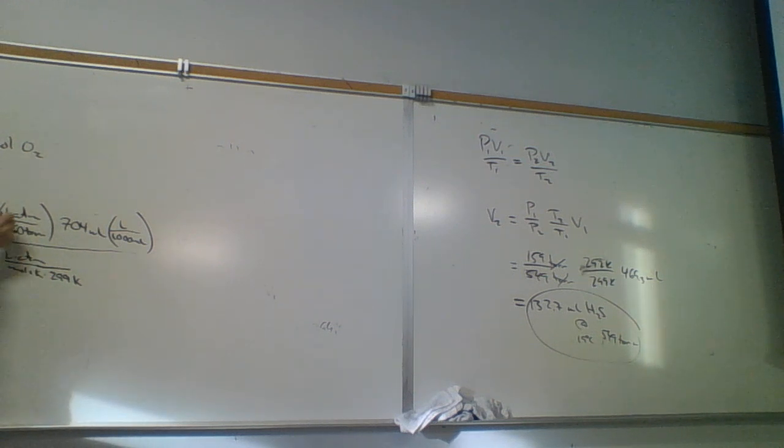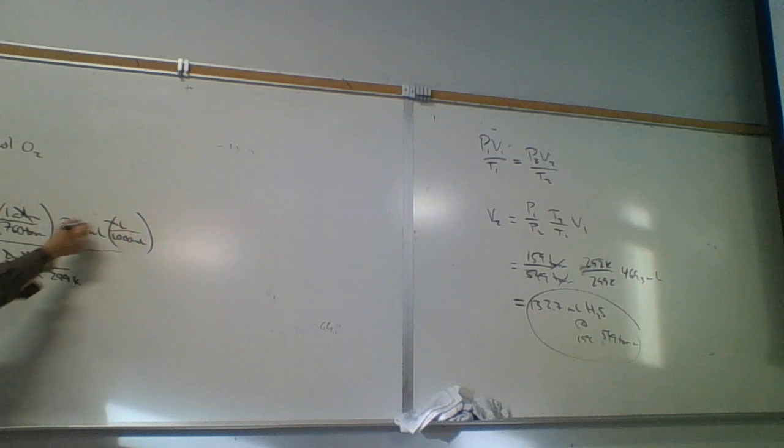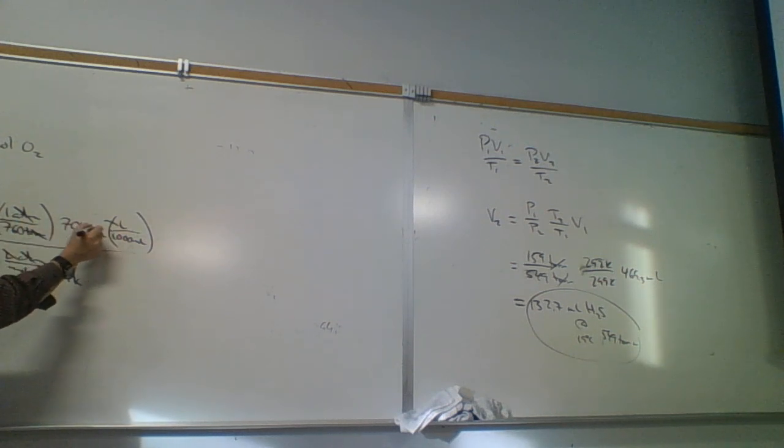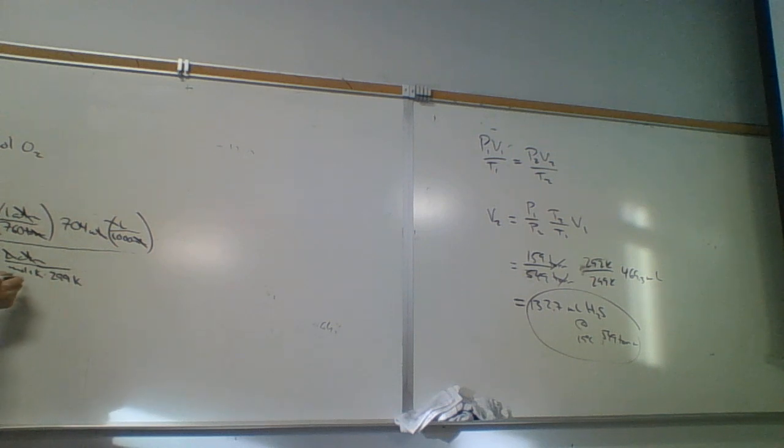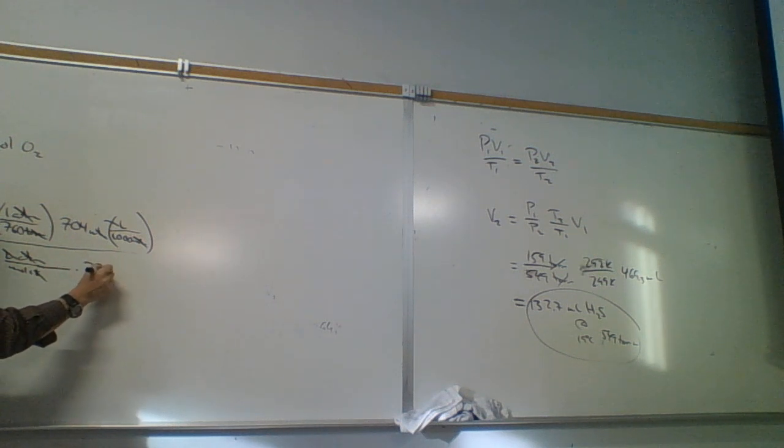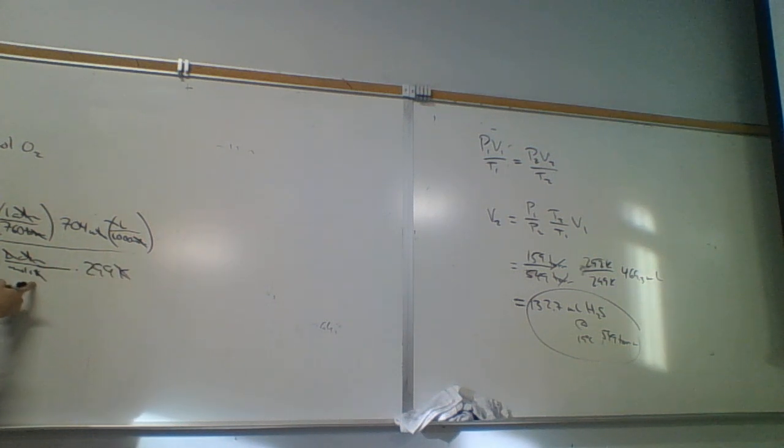So when I look at the units, the atmospheres cancel, the liters cancel, the torr cancel, the milliliters cancel. Oops, I did this wrong, the 299 Kelvin goes up here. The Kelvins cancel, and that leaves me with 1 over 1 over moles, which is moles.